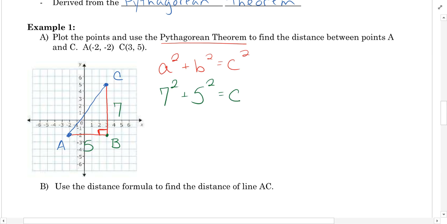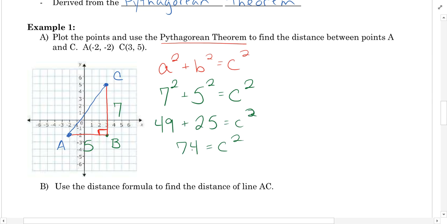And then the other leg, 1, 2, 3, 4, 5, the other leg is 5 units long, and I will square that, and that is going to give me the length of AC. So 7 squared is 49, plus 5 squared is 25, and that's going to give me my hypotenuse squared. And 49 plus 25 is equal to 74, equals C squared.